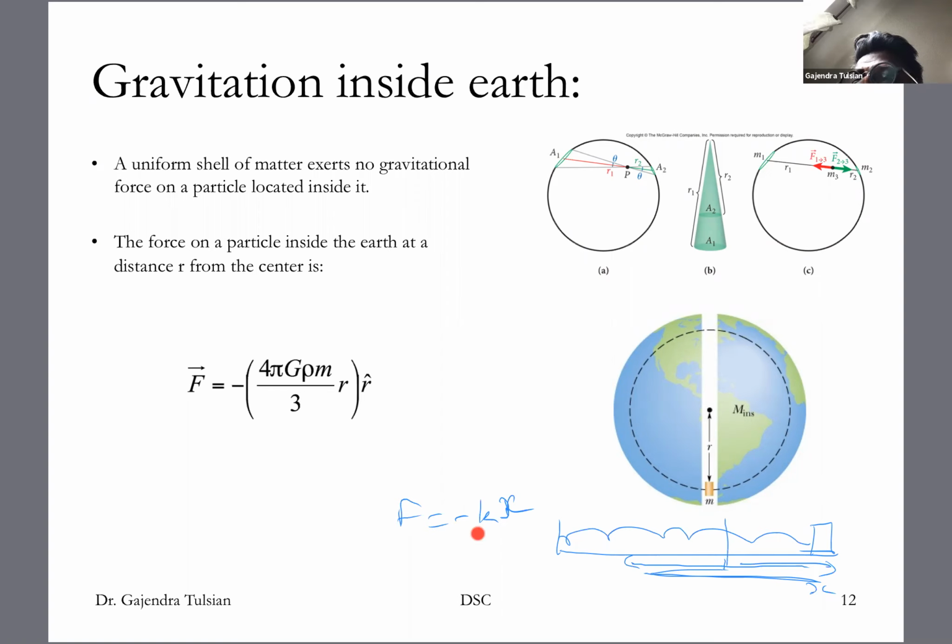K is called the spring constant, and so on. The force on this mass in this hole is given by this equation, and this is exactly like the spring constant, and R is the distance from the center of the Earth, which is exactly like X. So the motion of this object will be exactly like a mass attached to a spring.